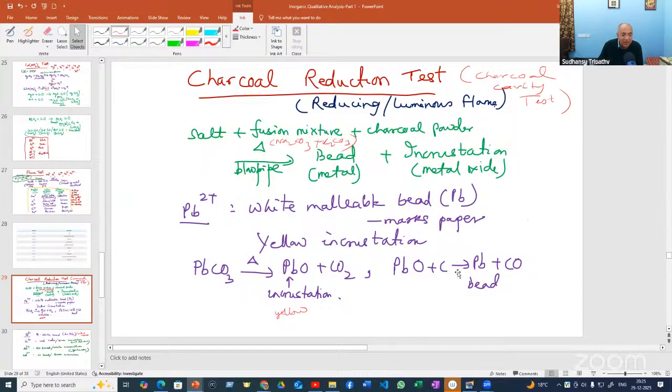You get metal. In case of lead, you will find a bead. You just remove it from that cavity, and you will find a bead which is malleable. If you strike it with a hammer, it will be pressed flat. Malleability will be found, and if you scratch it on paper, it will mark the paper, because lead has the power of marking paper.